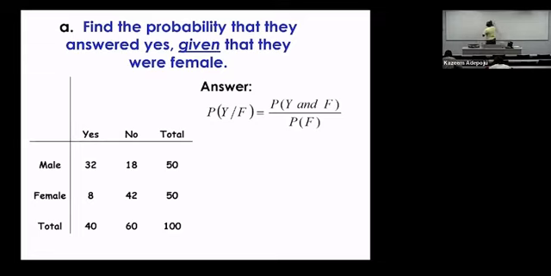the probability of A given B is always going to be the ratio of the probability of the joint to the probability of B. Take a look at this. This is the formula for conditional probability.